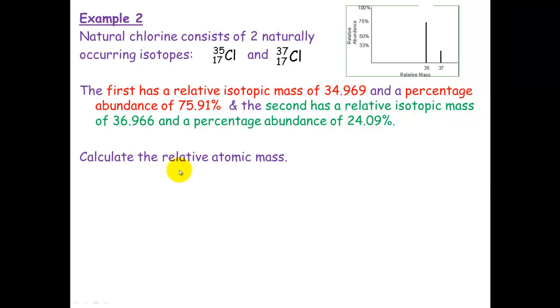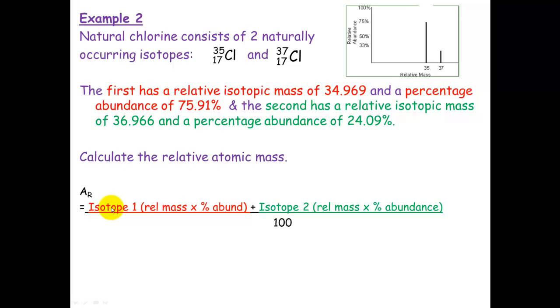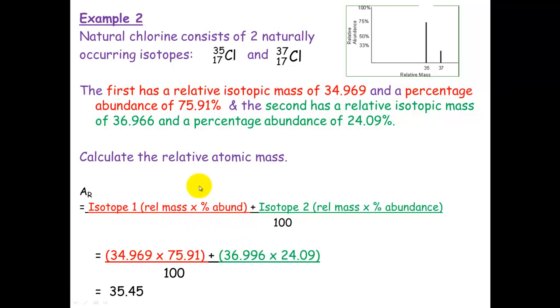So it's asking you to calculate the relative atomic mass. So again, we use that same formula and we put in isotope 1, 34.969 is its relative isotopic mass multiplied by its percentage abundance, which is 75.91, plus isotope 2's relative isotopic mass, which is 36.966 times the abundance of 24.09.